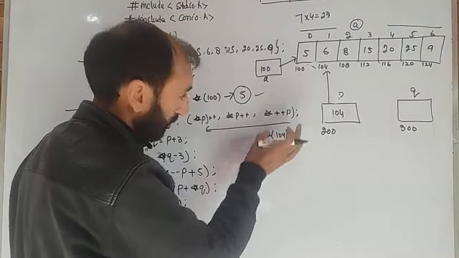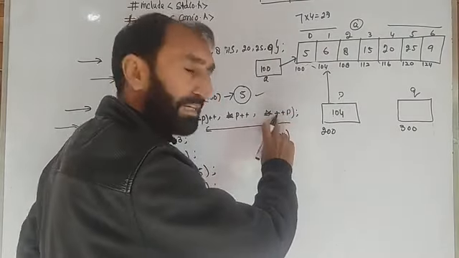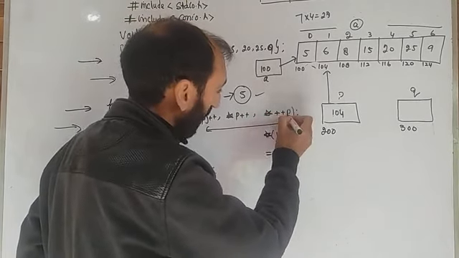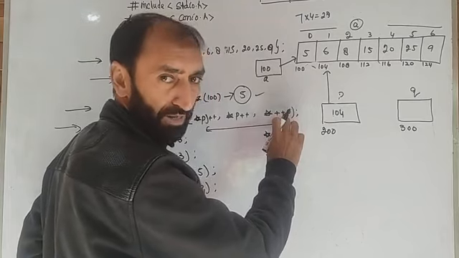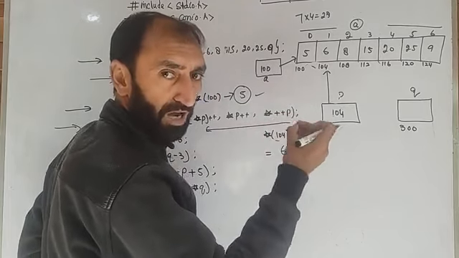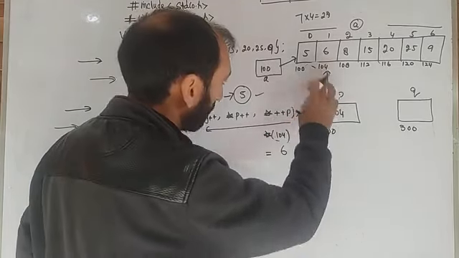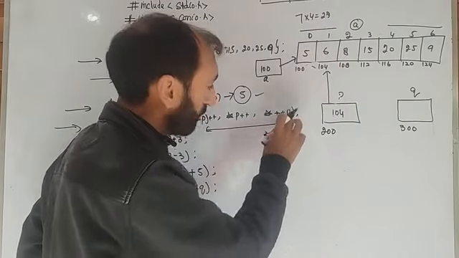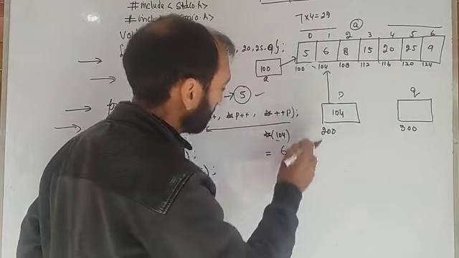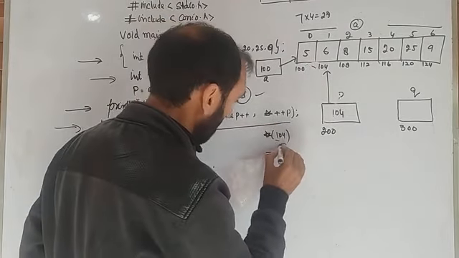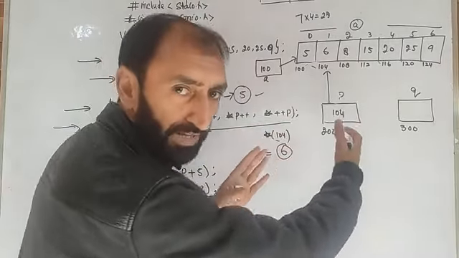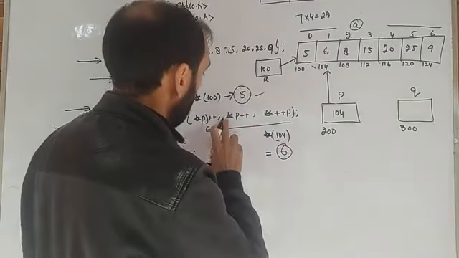Why is it so? Because in pre-increment, first the pointer variable is incremented, moving one location forward. P was 100, now it is 104, and the asterisk returns the value at 104, which is 6. It will get printed. Next, associativity is from right to left, so we move to asterisk p++.